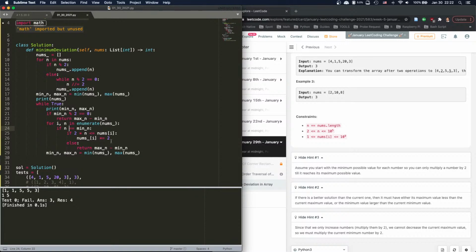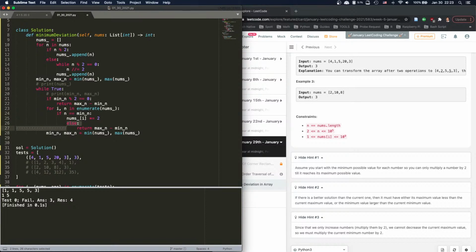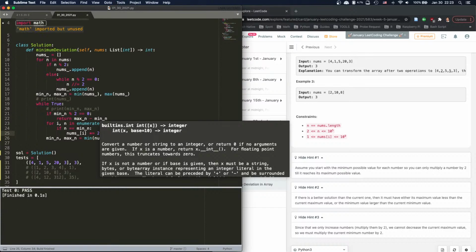We can always times 2. You don't have to check, because we already checked the mean. Yeah, you can always times 2. There we go. Now we're passing.